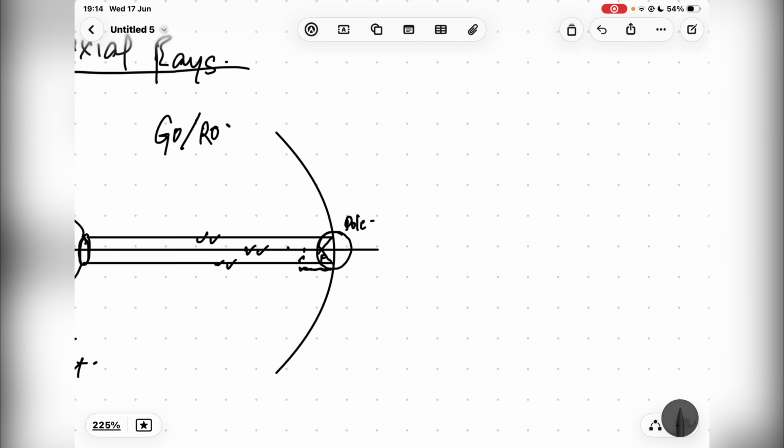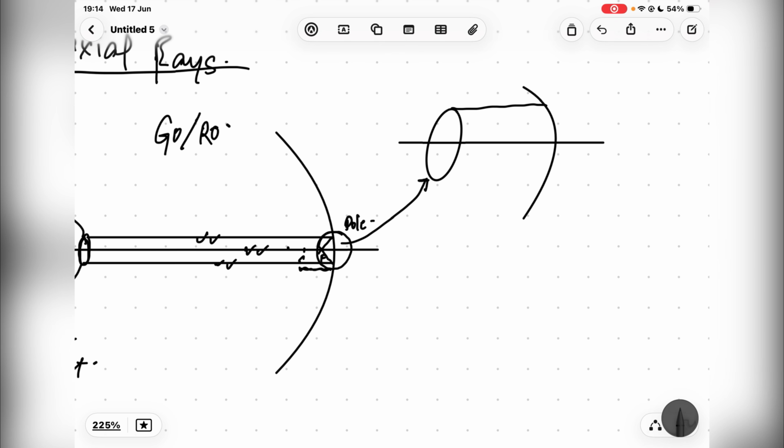So for that, what the educators and the writers of books did is that they zoomed this part. Now the object becomes like this, and you have your rays, and now you can do your image tracing.